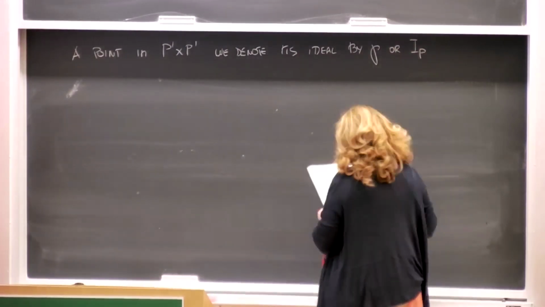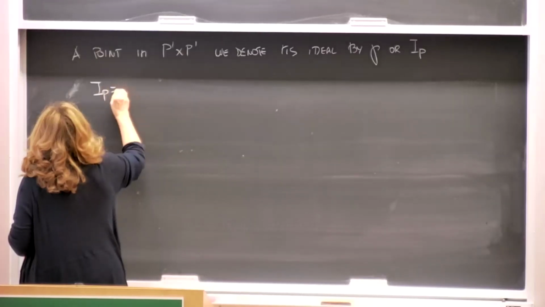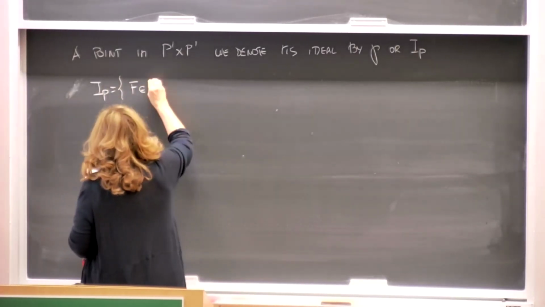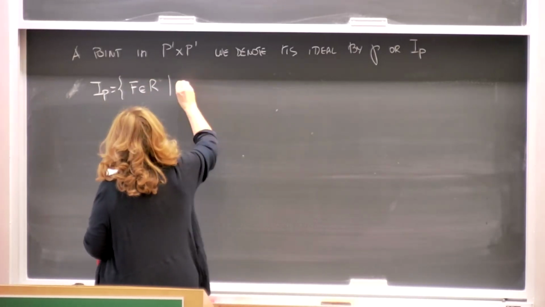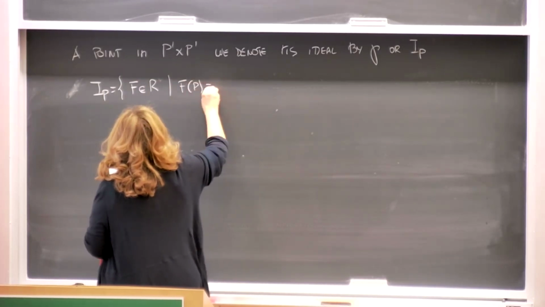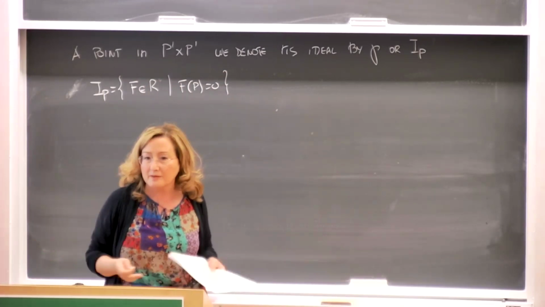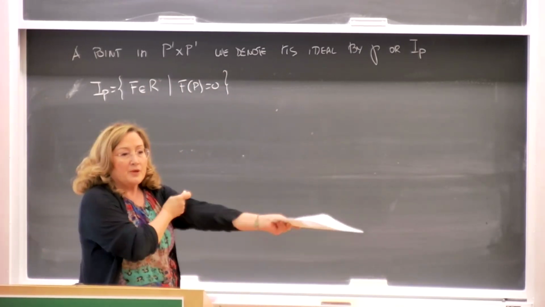It's defined by all the bihomogeneous forms F in R such that F(P) is equal to 0. So the definition formally is the same as in Pn, okay? There is no difference. The difference is only that we are looking at P1 cross P1.